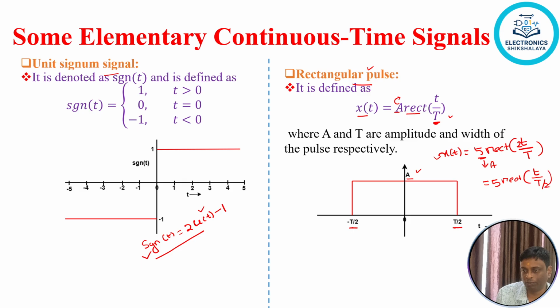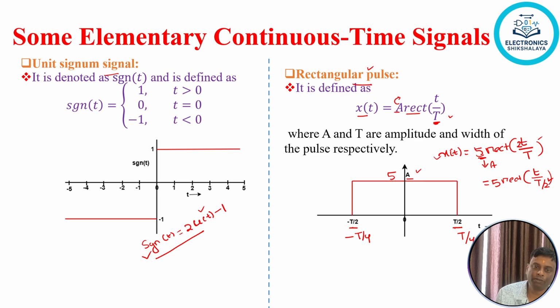The amplitude equals 5, and the width of the pulse is T by 2. So it extends from minus T by 4 to T by 4. That will be our representation of the signal 5 rect of 2t by T.